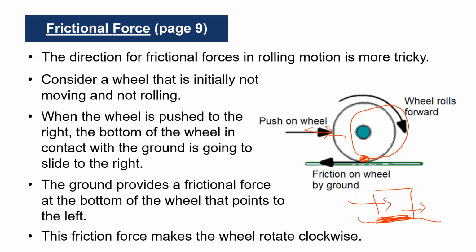Now, since friction is a force that opposes this motion, it will point to the left. So that's why friction points this way. And you realize there is a frictional force applied from the center of the wheel, and this causes the wheel to rotate. So this is interesting because it is friction that makes the wheel rotate.